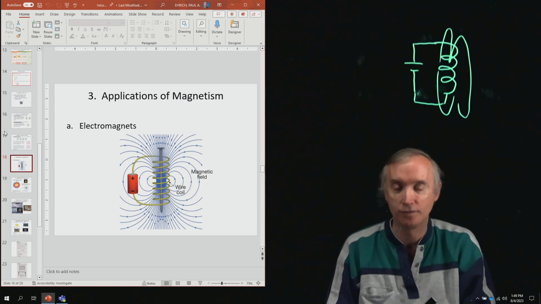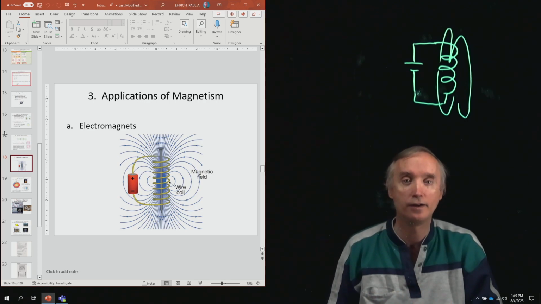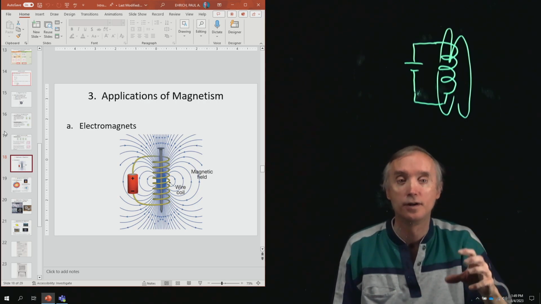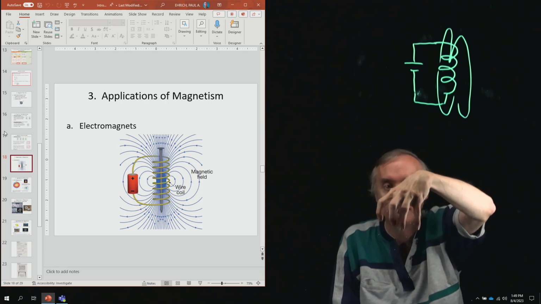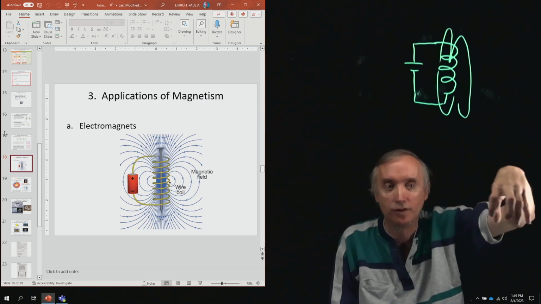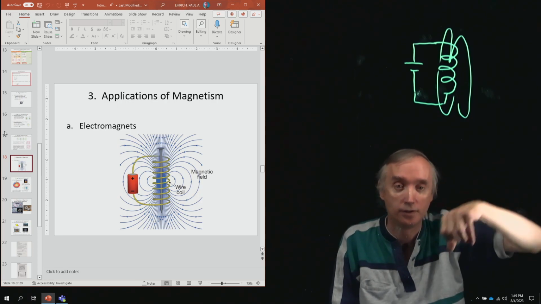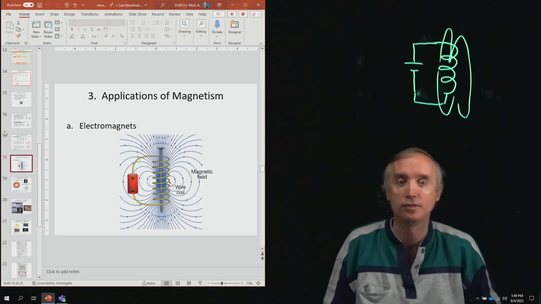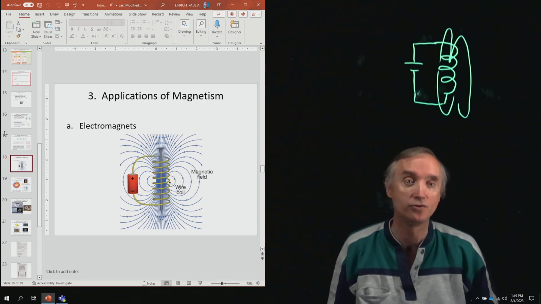An application of the electromagnet is in a junkyard, where you might take the electromagnet to a car and turn on the electricity, which turns this thing into a magnet. You can pick up the car, move it over, and when you turn off the electricity, it's going to drop the car. So there's an example of an electromagnet. Also, electromagnets are used in doorbells.